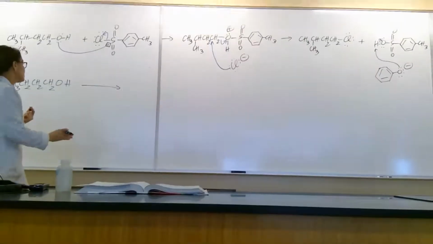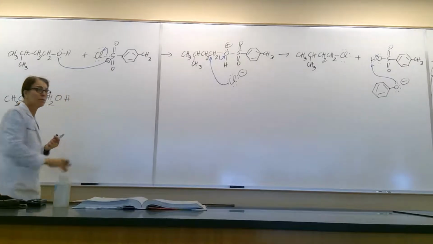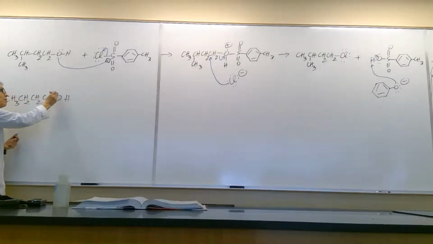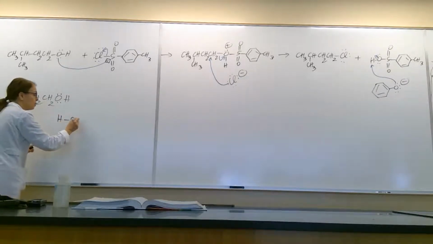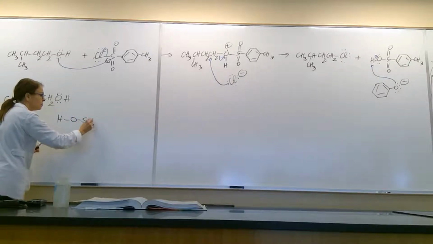So what does it mean, sulfuric acid and heat? Sulfuric acid is a Bronsted acid. So we know for sure we're going to have what? Protonation, for sure. Okay? So we're going to bring sulfuric acid. So we're going to have protonation.